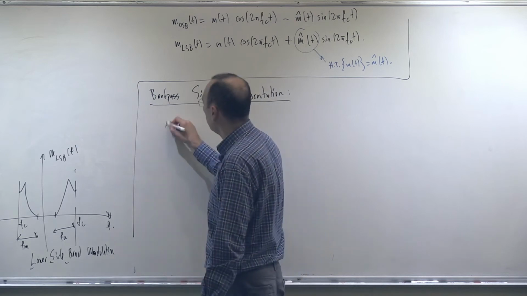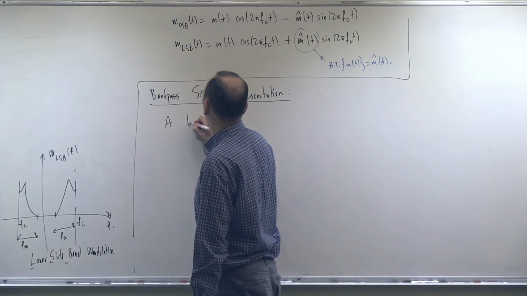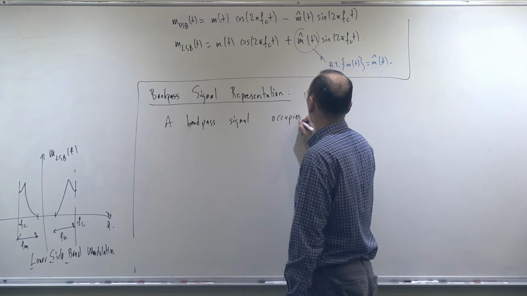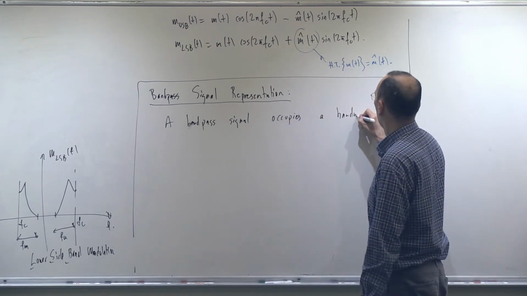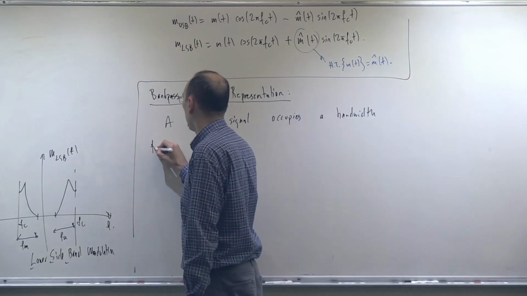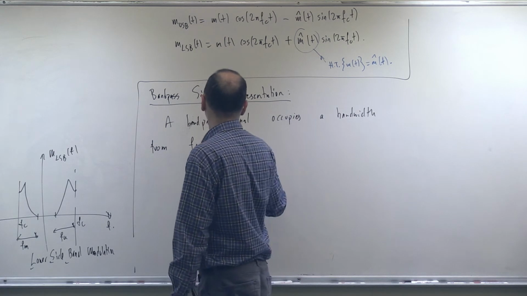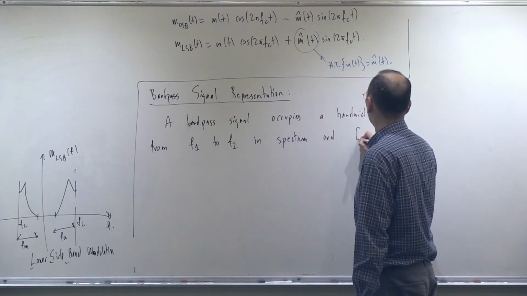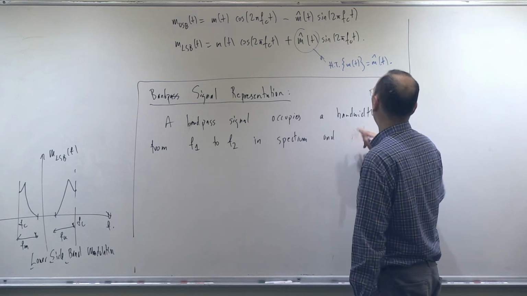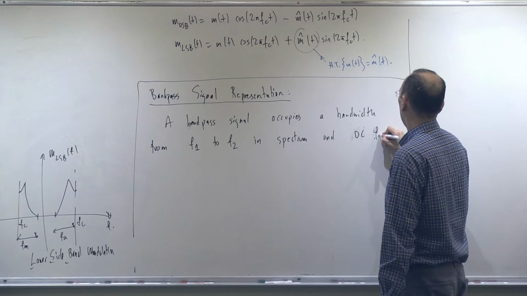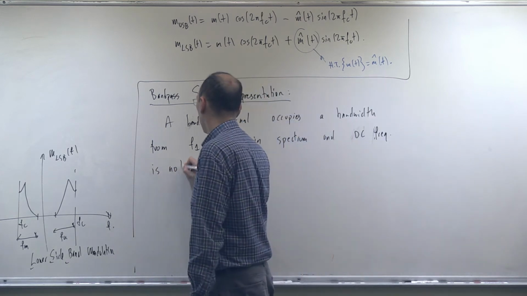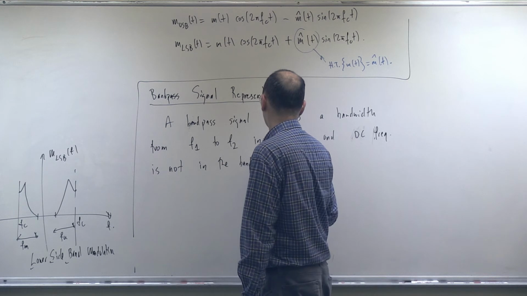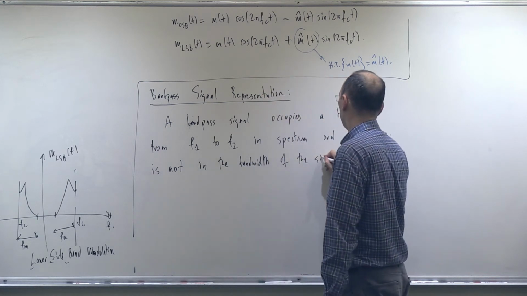Now, a bandpass signal occupies a bandwidth from, let's say, f1 to f2 in spectrum, and let's say the DC frequency, 0, is not in the bandwidth of the signal.